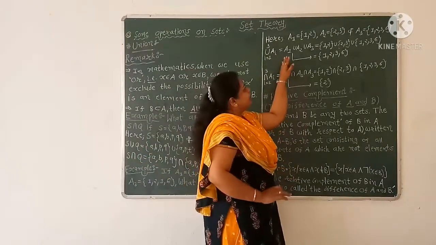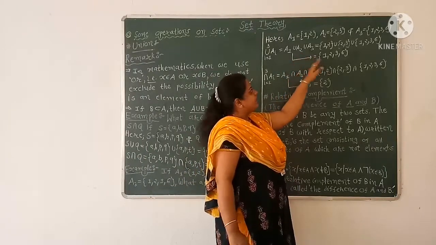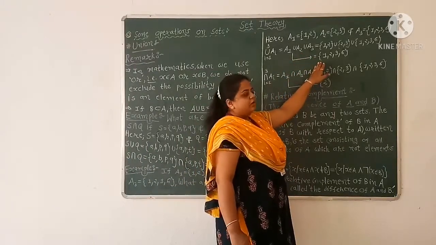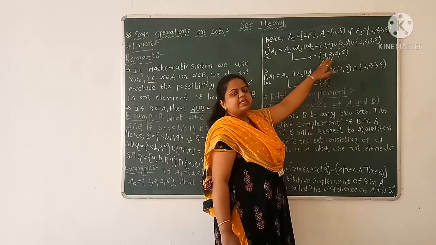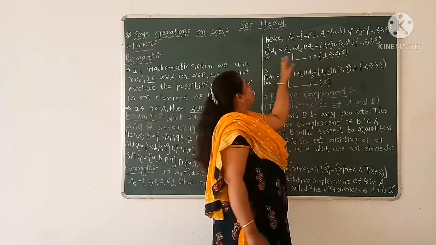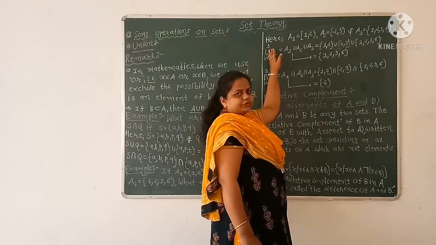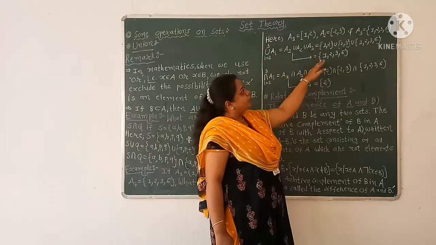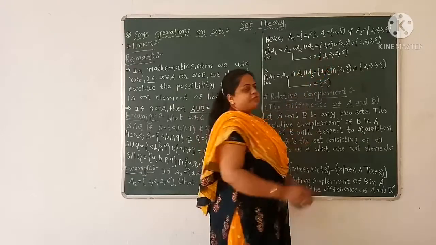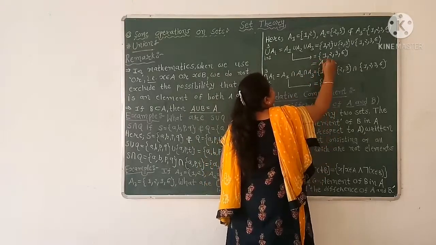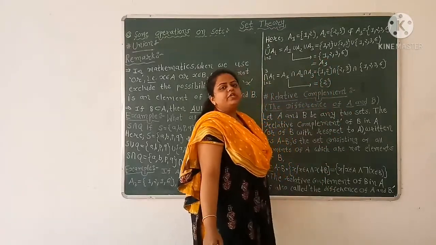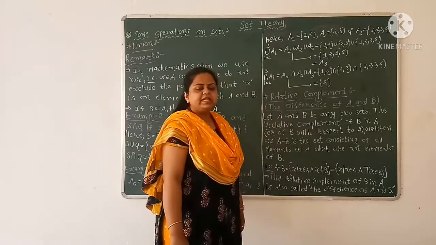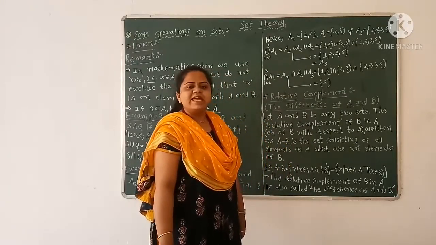So A1 union A2 union A3 is equal to set of 1, 2, 3, 6. So union i equal to 1 to 3 Ai is equal to set of 1, 2, 3, 6, which is equal to A3. So here we get union i equal to 1 to 3 Ai is equal to set A3.